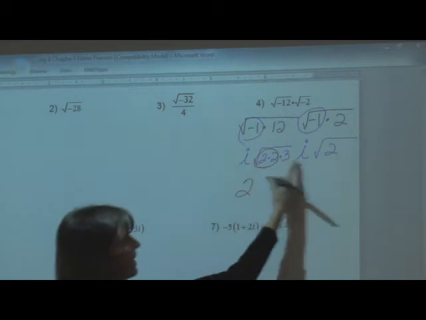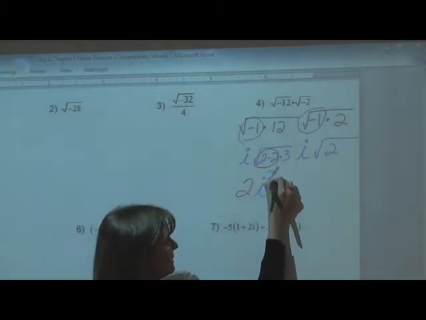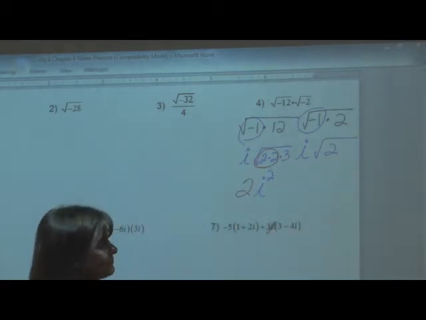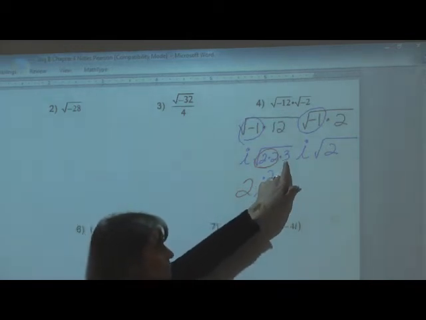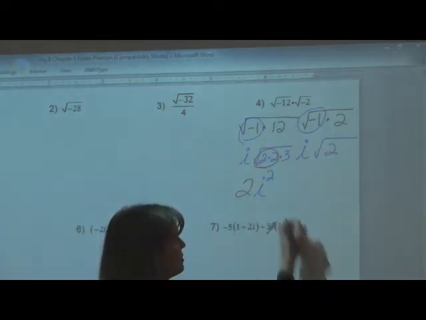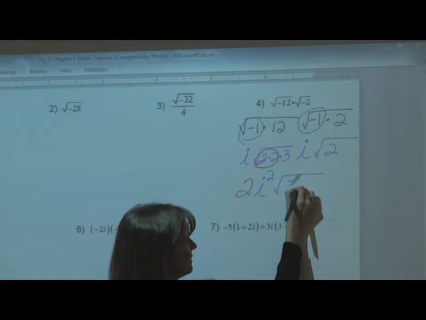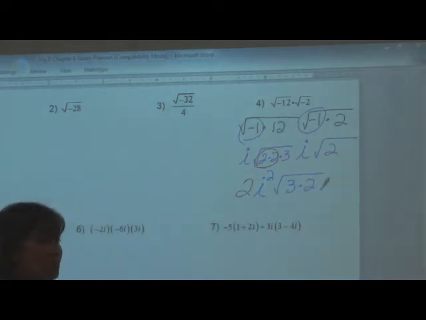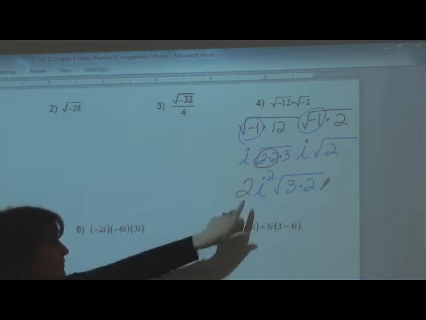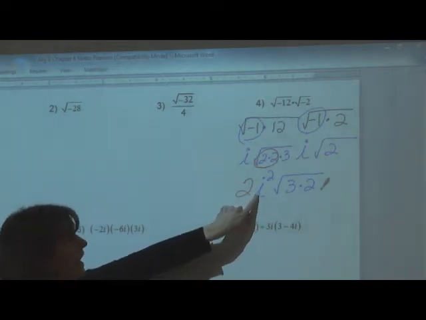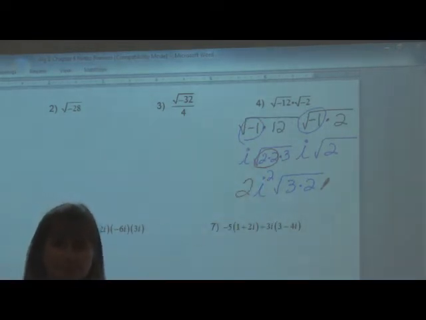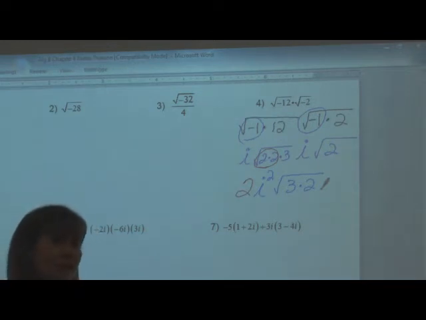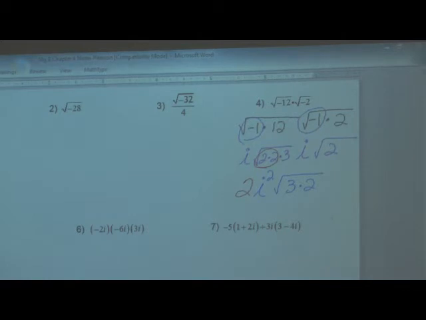I'm going to take my i's, and that is now an i squared. And I have a radical 3 and a radical 2. In other words, both of these things are locked up under the radical sign. It is okay to put those together. So in simplifying this, i squared, if you go back to the very first part of the notes, we said i squared is like secret code for the number negative 1.